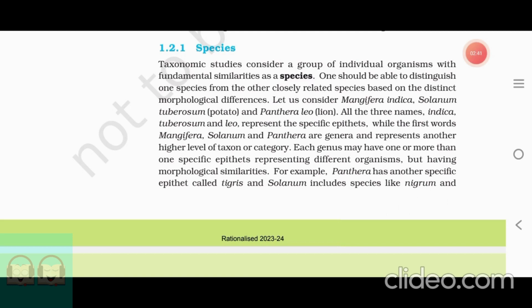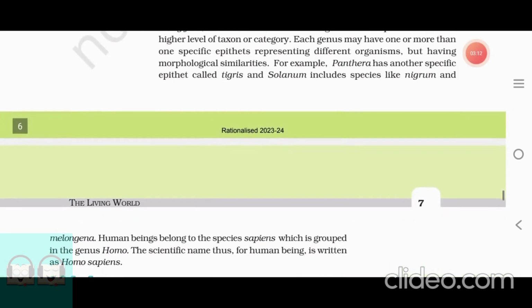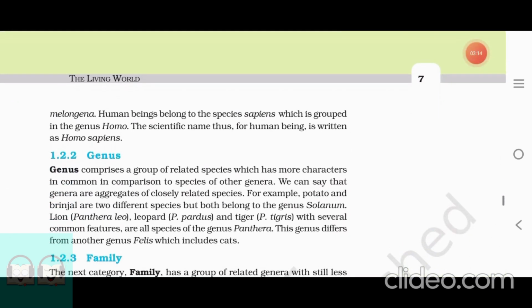All the 3 names, indica, tuberosum, and leo, represent the specific epithets, while the first words Mangifera, Solanum, and Panthera are genera and represent another higher level of taxon or category. Each genus may have one or more than one specific epithets representing different organisms but having morphological similarities. For example, Panthera has another specific epithet called tigris, and Solanum includes species like nigrum and melongena.